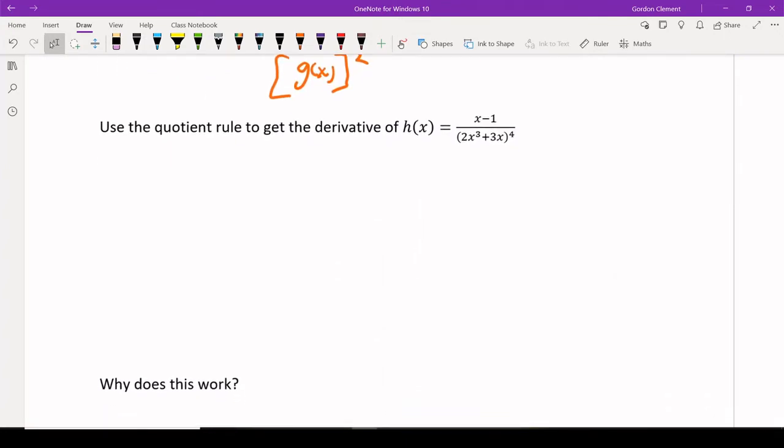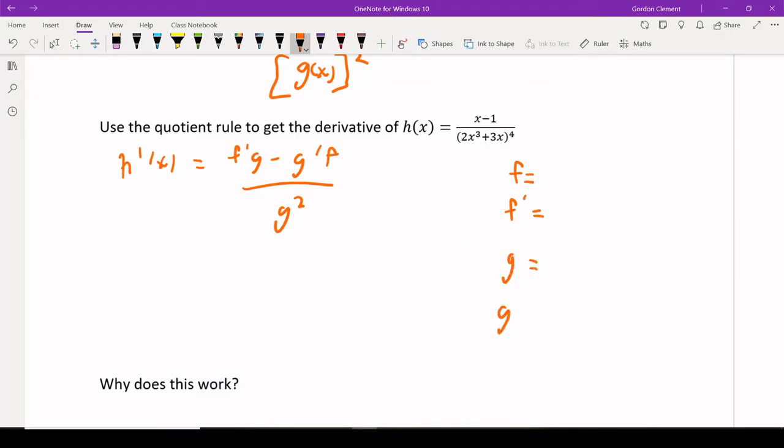So for this one is a quotient rule. H primed of x is going to be using kind of the short form f prime g minus g primed f over g squared. I'm going to go off to the side, f and f primed, g and g prime. So f is x minus 1, f primed is then 1.